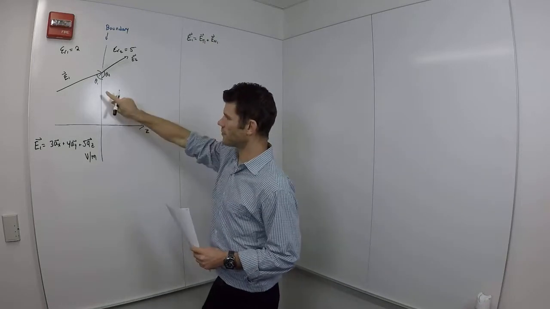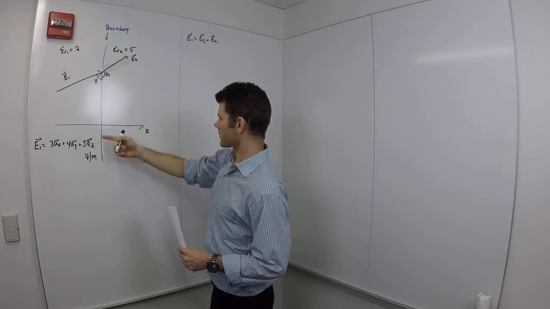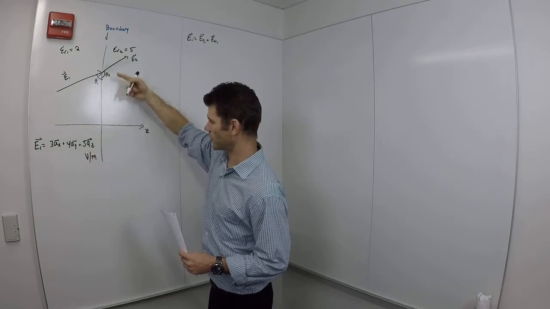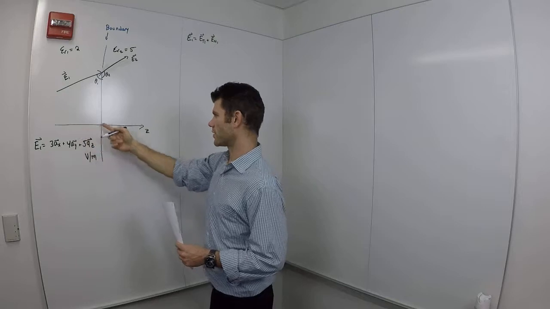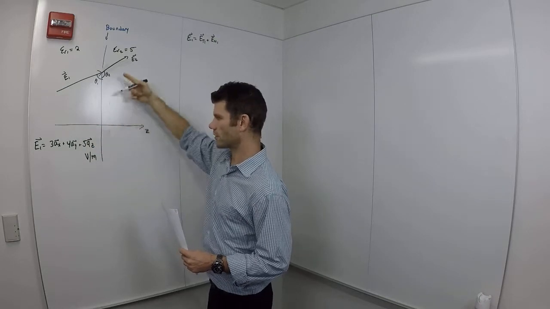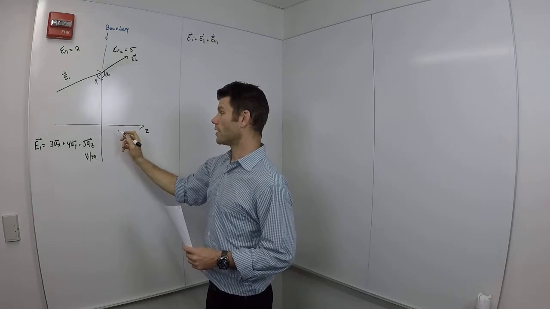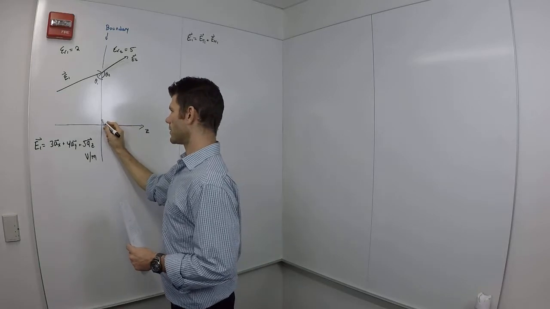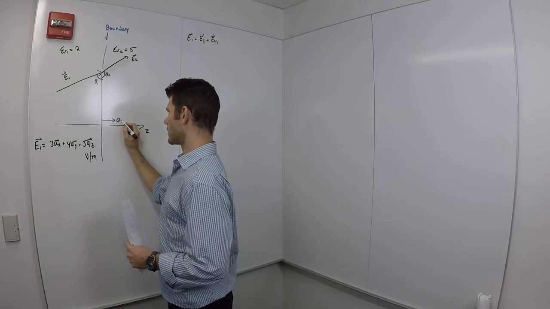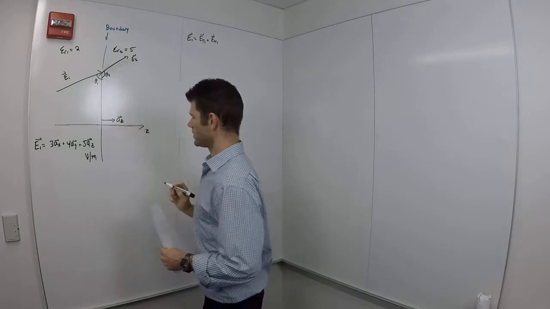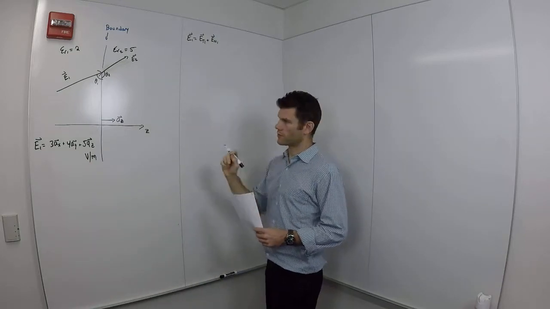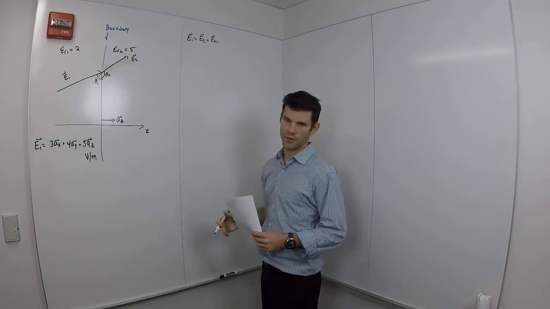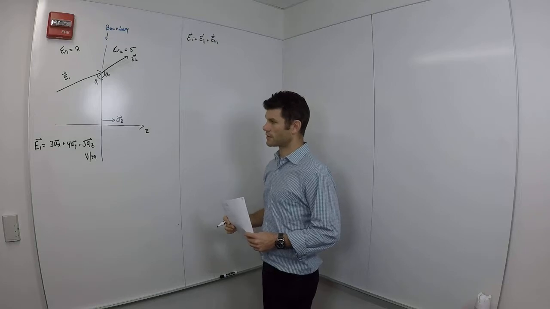We can see the boundary right here is normal to the z-axis. The z-axis is going this way, so the boundary is going to be normal to the z-axis. So it's pretty clear to see that the normal direction is going to be in the AZ direction. The normal vector will be the AZ vector because it points in the direction of the z-axis.